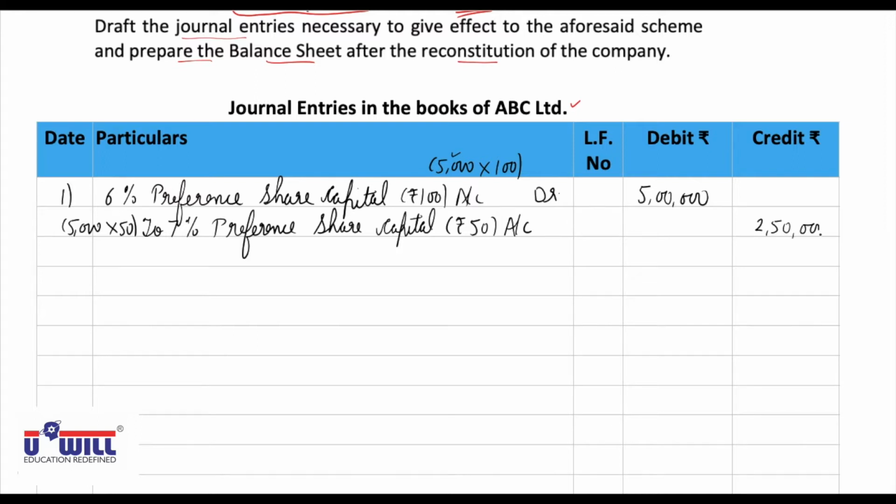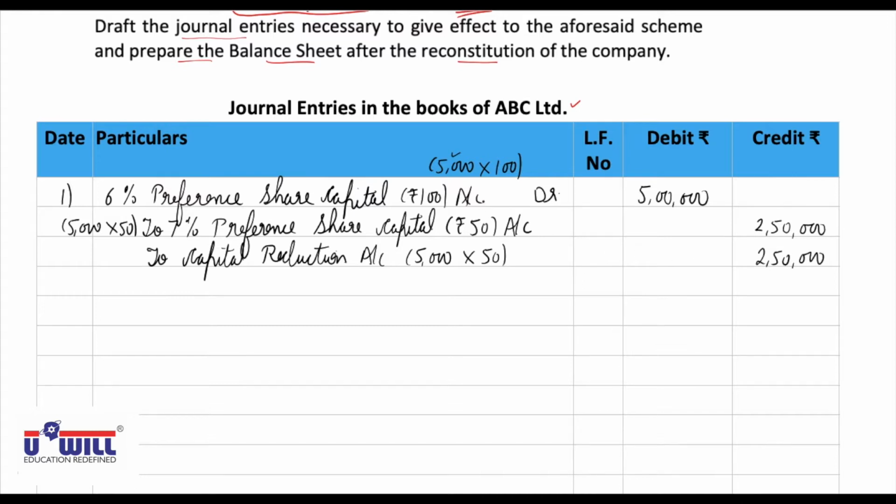And the remaining 50 rupees they sacrifice will be transferred to capital reduction account. So to capital reduction account, 5,000 preference shares into 50 rupees is what they sacrifice, which is transferred to capital reduction, 2,50,000.